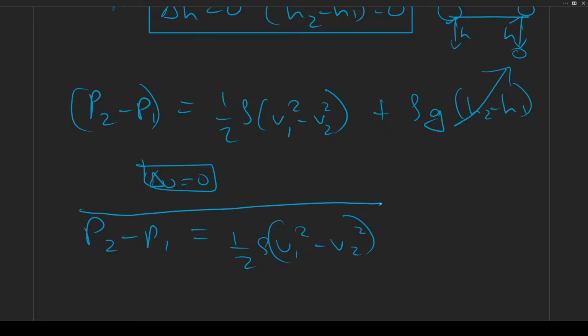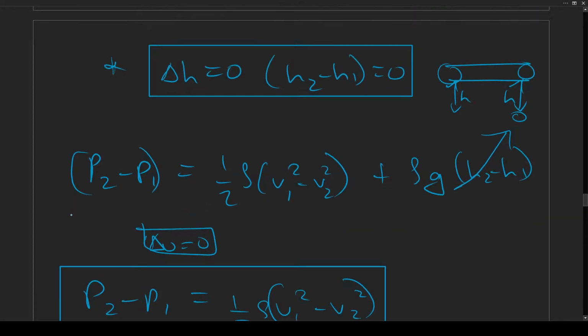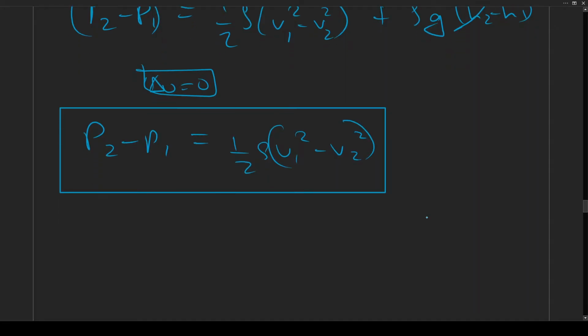This is one more form. Or we can say that P plus half rho V square equals constant. Pressure plus half rho V square equals constant.